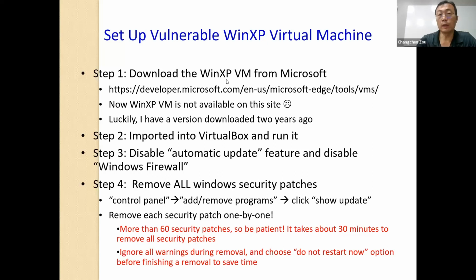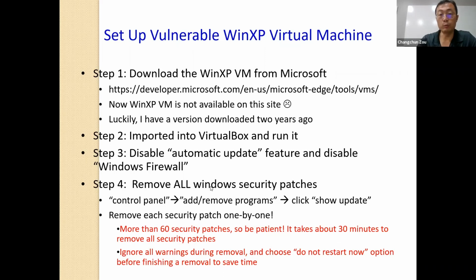But the Windows XP VM you download is fully patched. So all the existing known vulnerabilities have been fully patched, and it cannot be easily compromised. So how do I make it vulnerable? I use a very simple way.